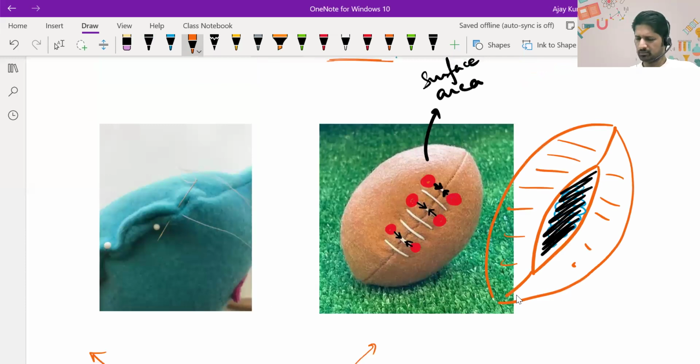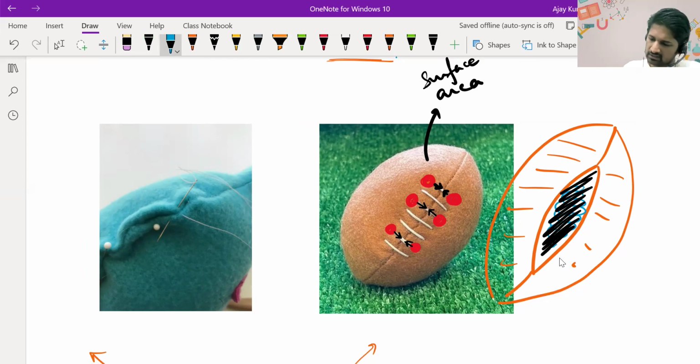Now, depending on how tightly it is stitched, there will be a certain tension force acting between any two molecules on the opposite sides of this line. The force exerted by one molecule on the other molecule depends on tension in the string. Let's not give any values.